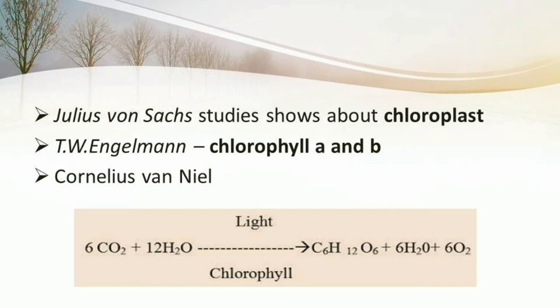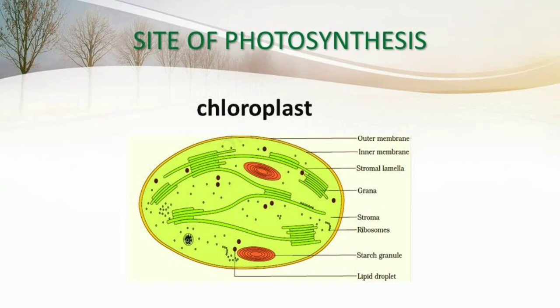They are located in special bodies called chloroplasts within the plant cells. So he found that glucose is made in the green parts of the plants, and glucose is usually stored as starch, that is in chloroplasts.